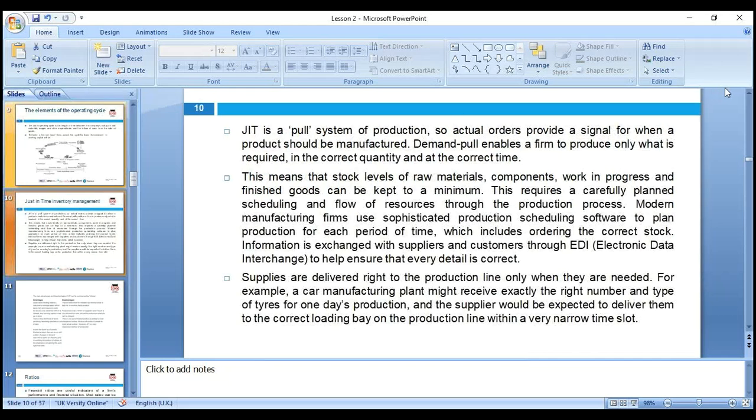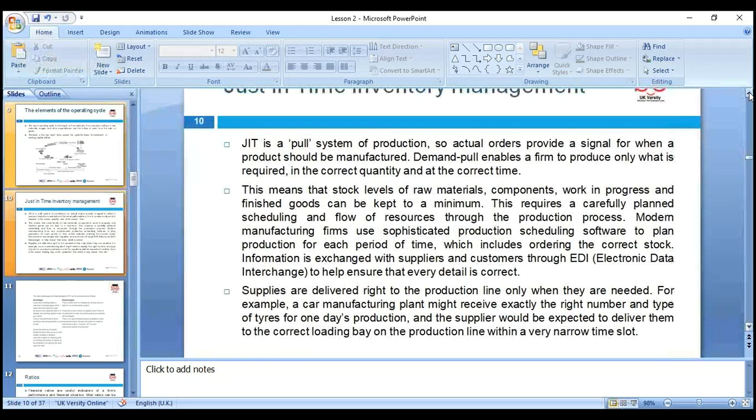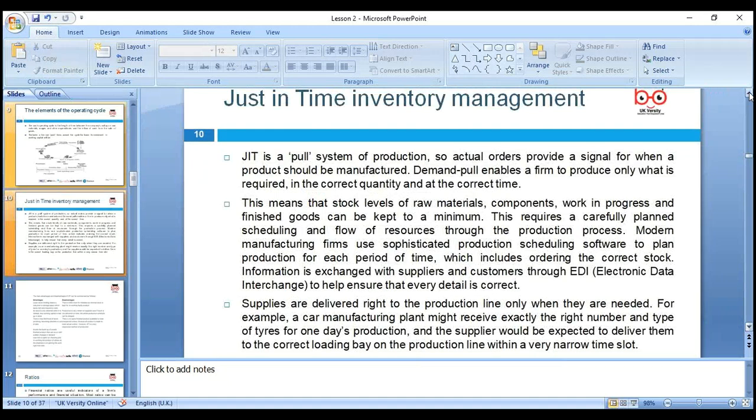So, just in time. The Japanese approach, just in time, is a pull system of production. Actual orders provide the signal for when the products should be manufactured. Demand pull enables firms to produce only what is required.